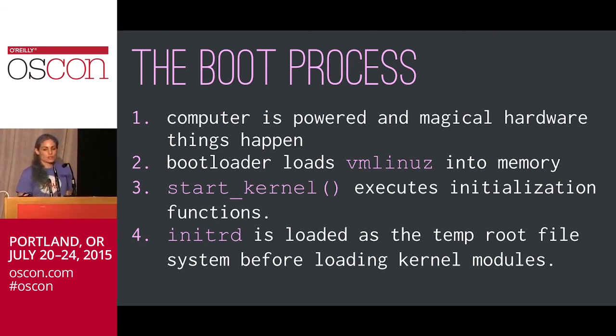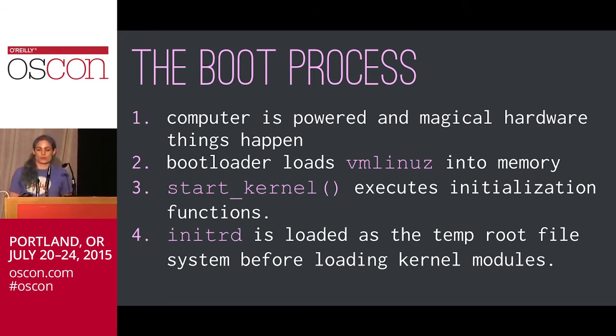The CPU will execute some BIOS code, which will in turn initialize some hardware, and if things don't look quite right, it might error out here. But if everything is going smoothly, then it will read the first 512 byte sector of the hard drive, and this is called the master boot record, or MBR.